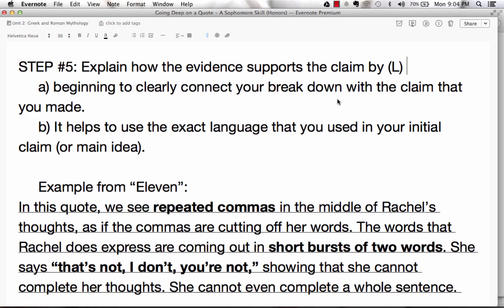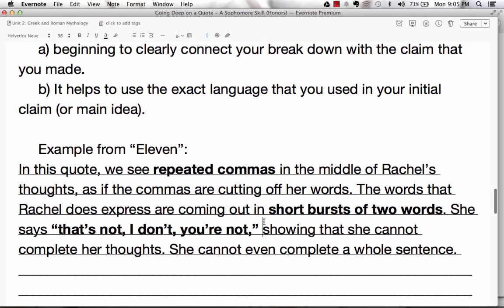Now you want to bring the reader from that evidence back to that main claim. It helps, this is one tip, to use some of the language, the words that you used in your initial claim or main idea. It can be really helpful to go back and use those words again so that the reader can really begin to see how you're coming back to that claim.